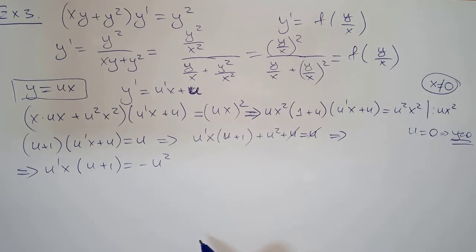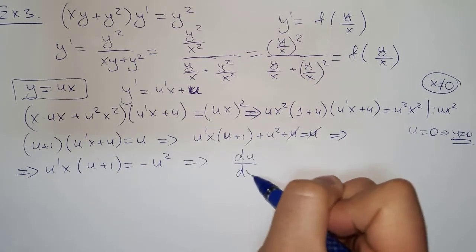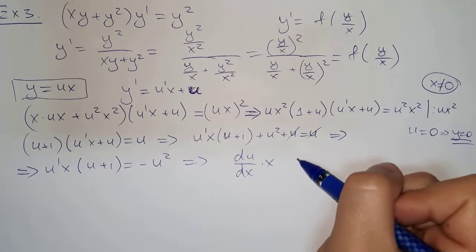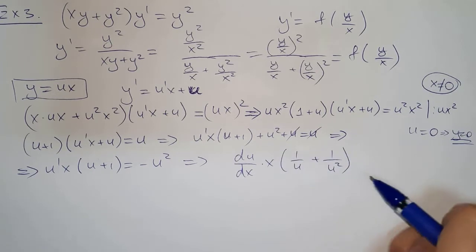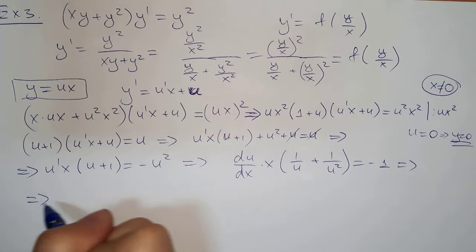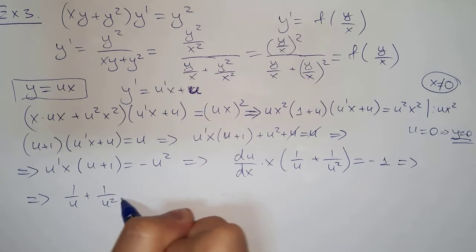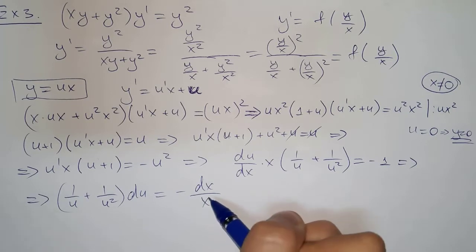Now dividing by u squared and writing u prime as du over dx, times x, it will be 1 over u plus 1 over u squared du equals minus dx over x.